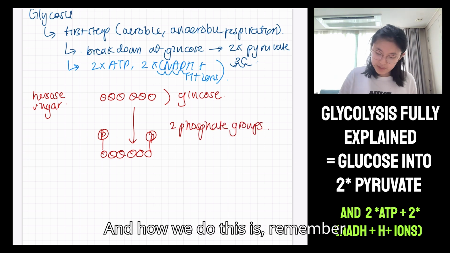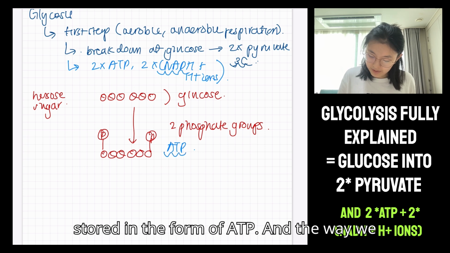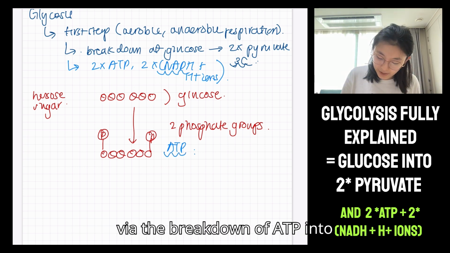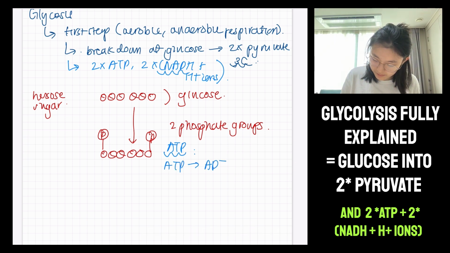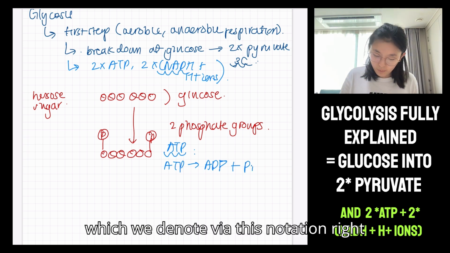And how we do this is, remember how ATP is stored? Energy is stored in the form of ATP. And the way we obtain energy from an ATP molecule is via the breakdown of ATP into ADP and an inorganic phosphate ion, which we denote via this notation right here.